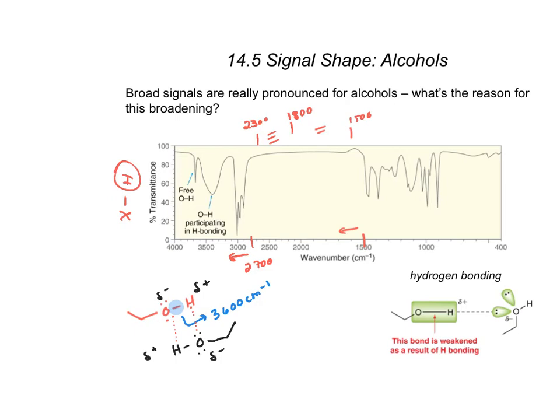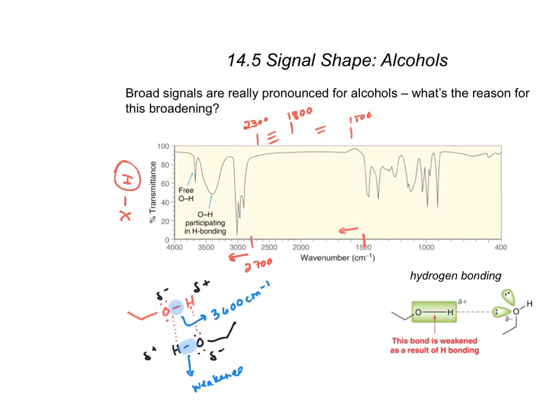Now, if this guy is kind of going over here and kind of bonding with this oxygen, what do you think it's going to do to this bond that we're actually looking at with respect to our IR radiation, our infrared spectrum? You think this guy going over here and being attracted to this guy, you think it's going to strengthen this bond or weaken this bond? It's going to weaken it, right? So because of this hydrogen bonding, for this bond right here, we're actually going to see it weakened slightly, right?